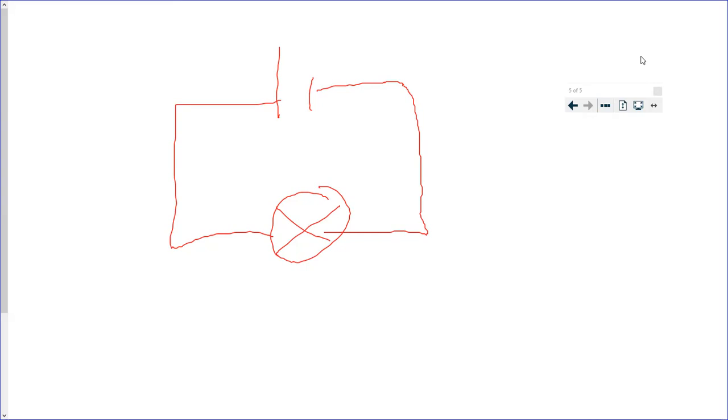I'll draw it again. Just a second. So you have used a battery. The components you have used: one is the battery, which can be shown with this symbol.